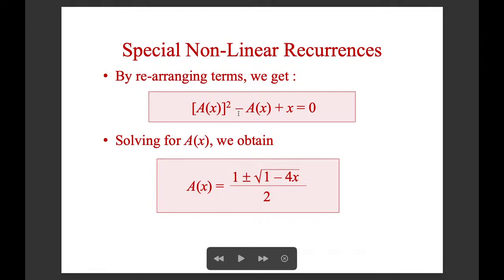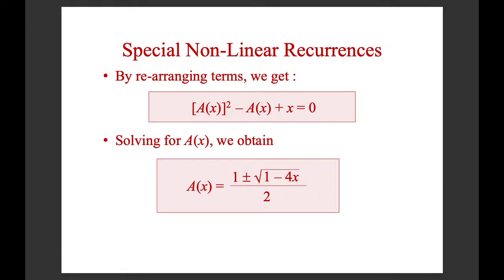This comes from minus b, plus or minus the square root of 1 minus 4 times the coefficient here, 1, times the coefficient here, x, so minus 4x, and then divided by 2 times the coefficient here. In this quadratic, the coefficient of A(x) squared is 1, the coefficient of A(x) is minus 1, and the constant term is little x. So we have A(x) equal to this.